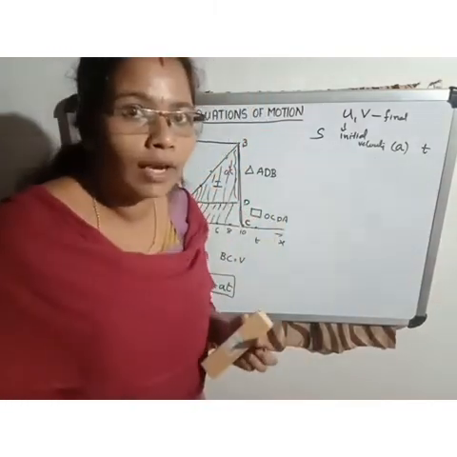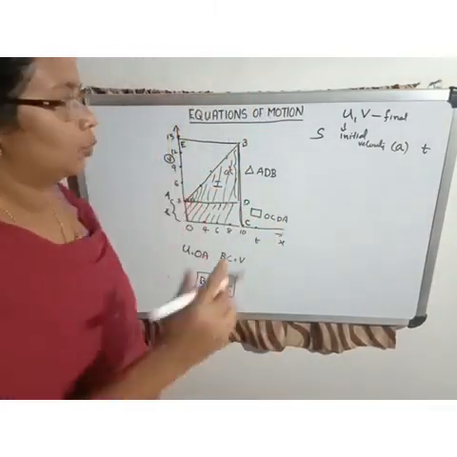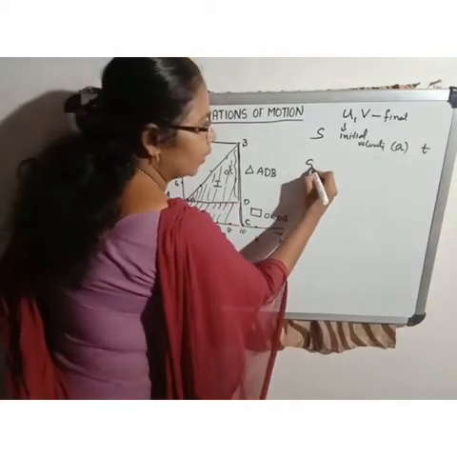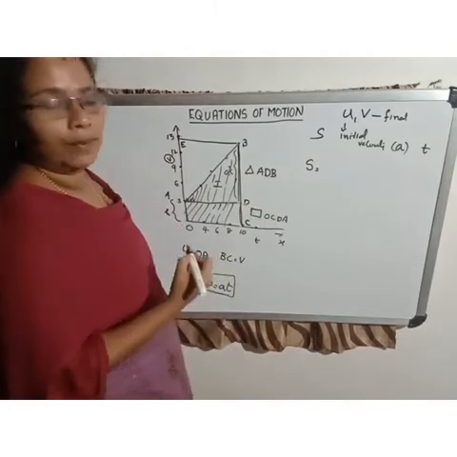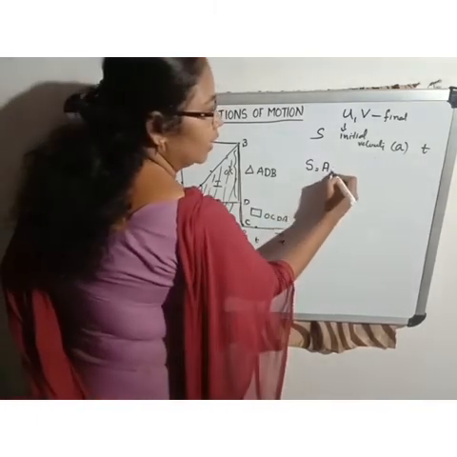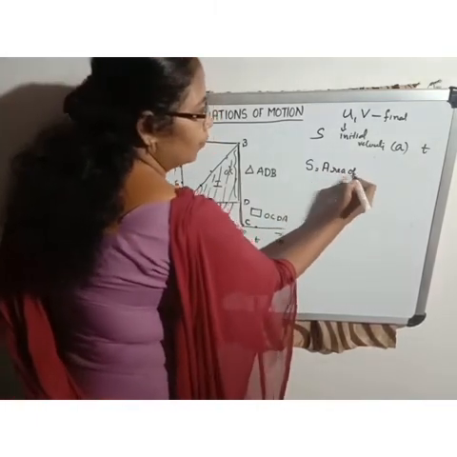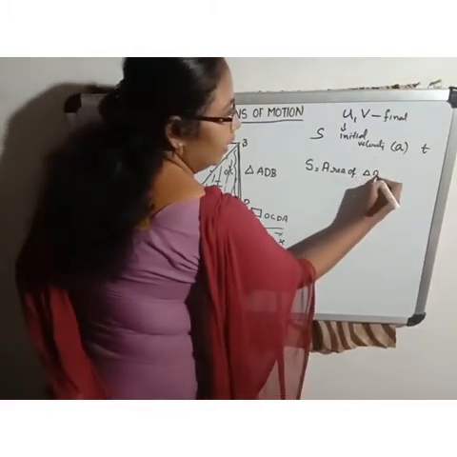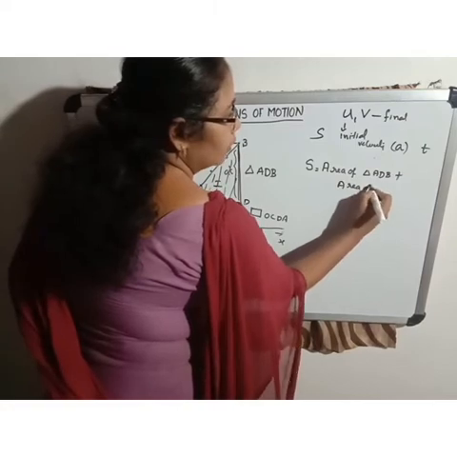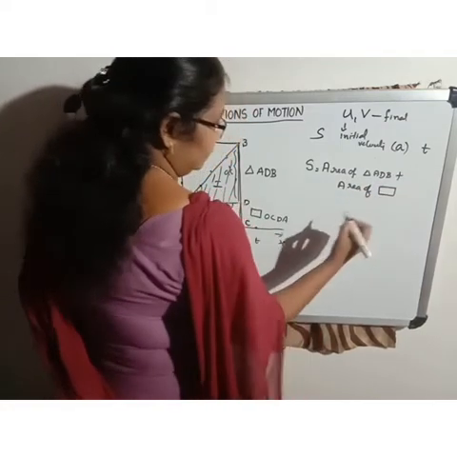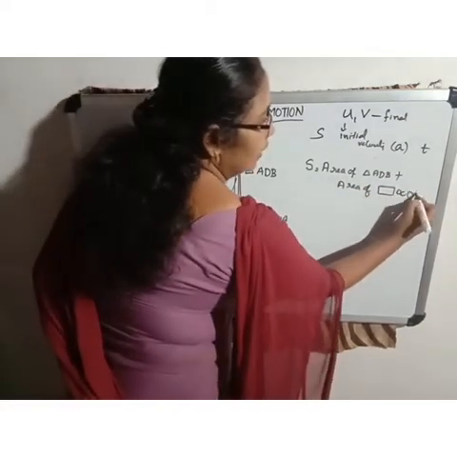I wish to find the second equation of motion, so I am going to find the displacement. In order to find the displacement, I need the area of triangle ADB plus the area of rectangle OCDA.